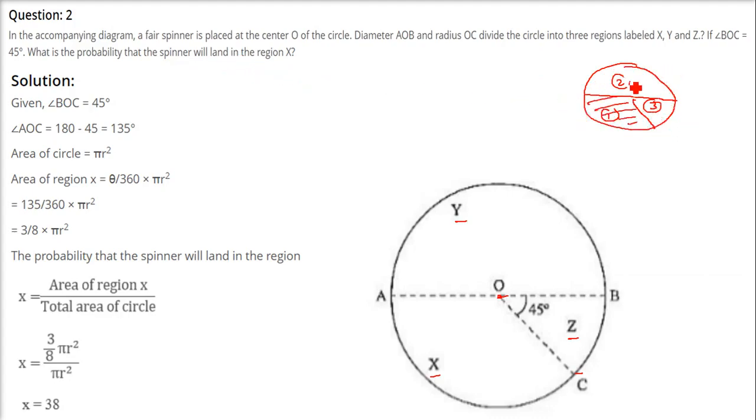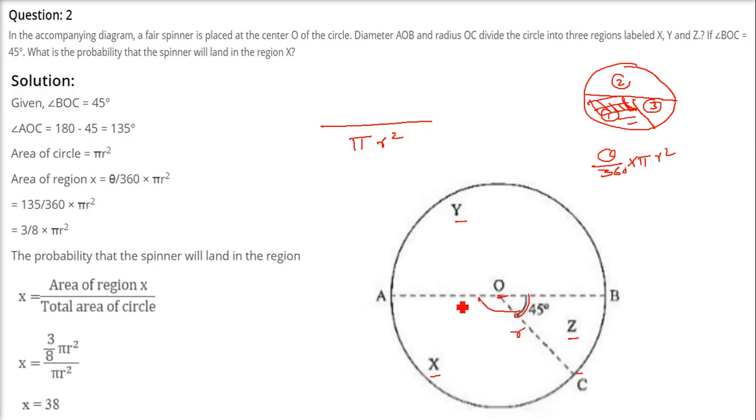So first we have to find out the complete area. Complete area will be pi r square, let us assume that the radius is r. So what will be the area of this favorable region? This is a sector of a circle. The area of a sector of a circle is theta by 360 into pi r square.